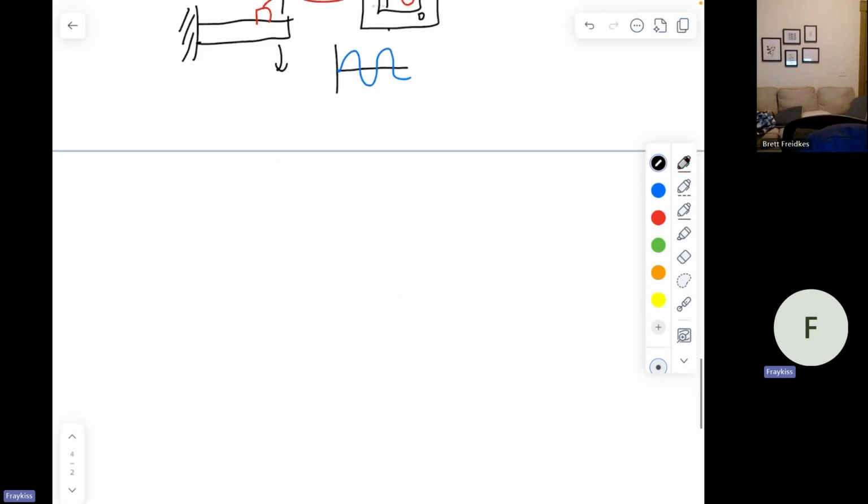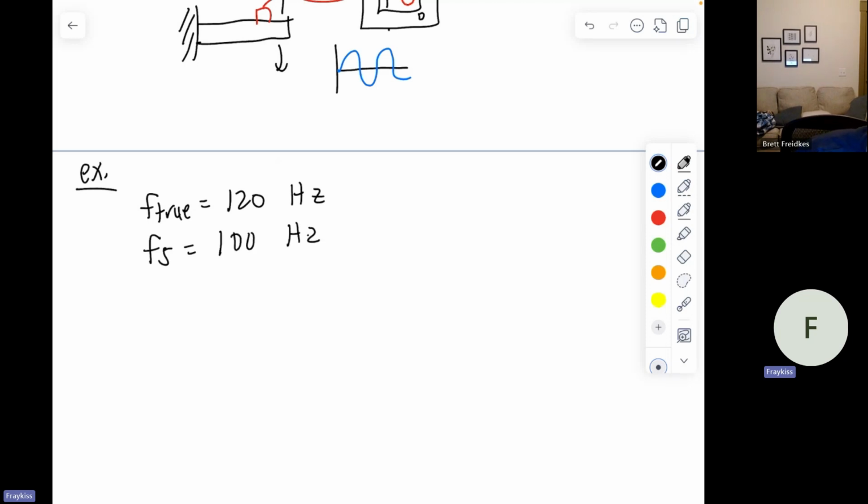Let's do one more where I'm going to tell you that F true is 120 hertz. We're sampling at 100 hertz. And we want to know what will happen to that 120 hertz signal.